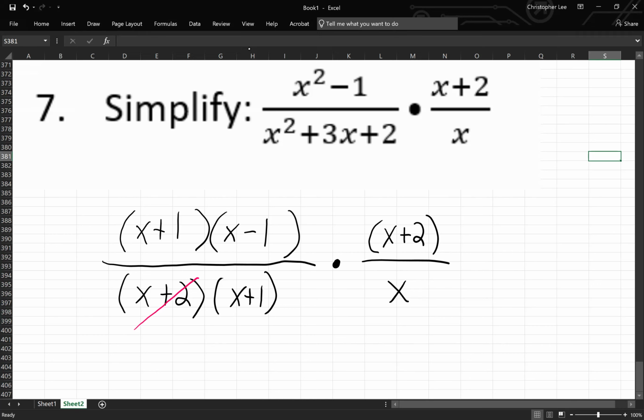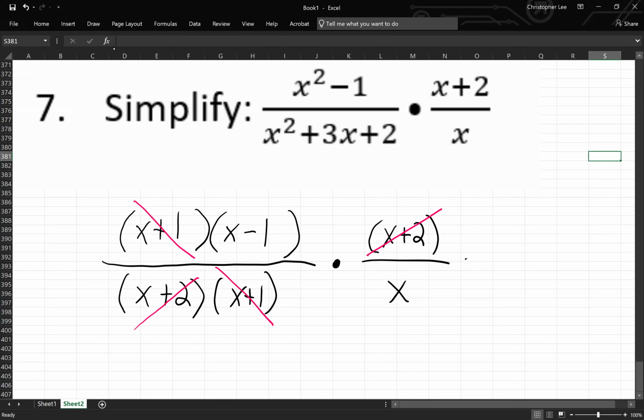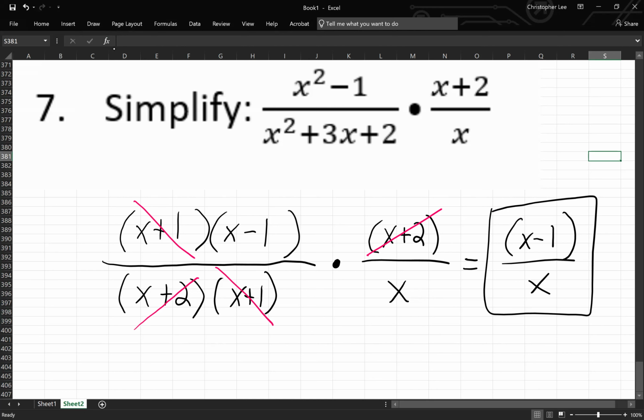Okay, so x plus 2 and x plus 2, and x plus 1 and x plus 1. Very good. So whatever's left over, that's your final answer. So what do I have? I just have simply x minus 1 over x. And this is my final answer. I like parentheses around x minus 1 over x. I just do that out of preference.